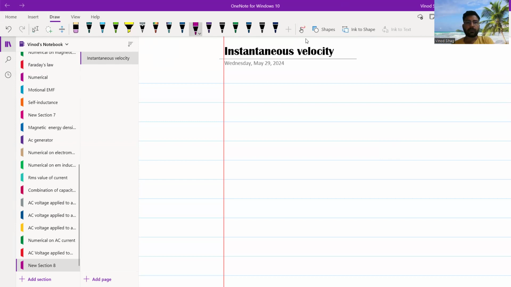First of all, it is average velocity. And how do we define average velocity? It is basically denoted by V bar, and it is given as delta x over delta t.